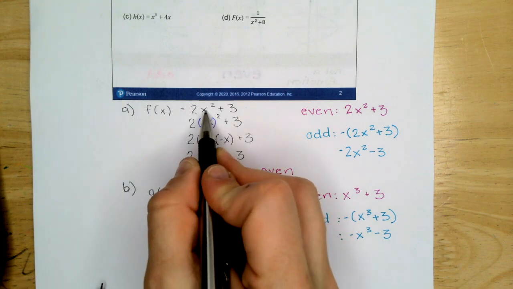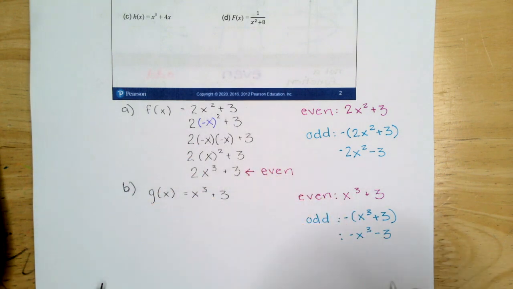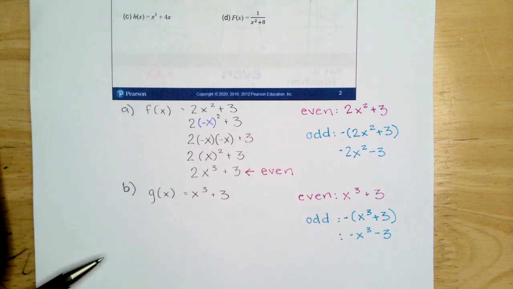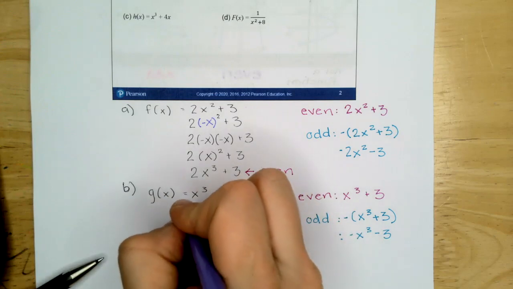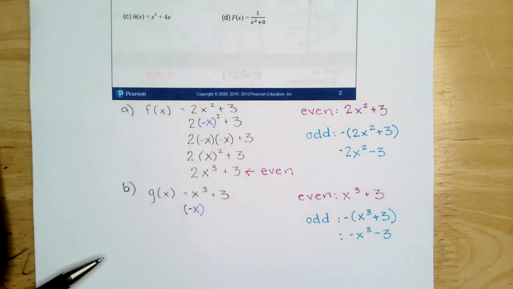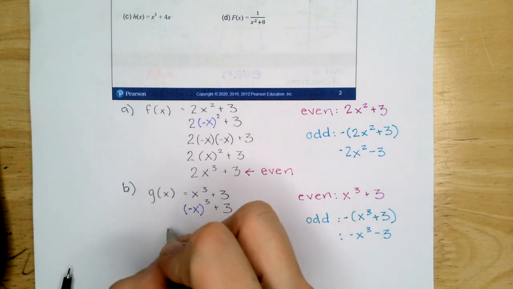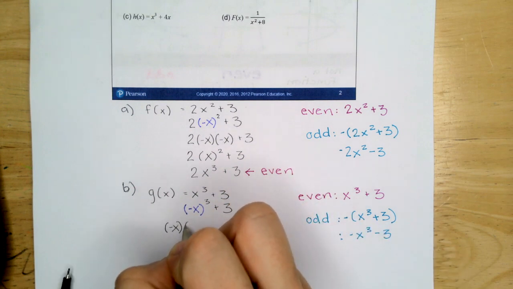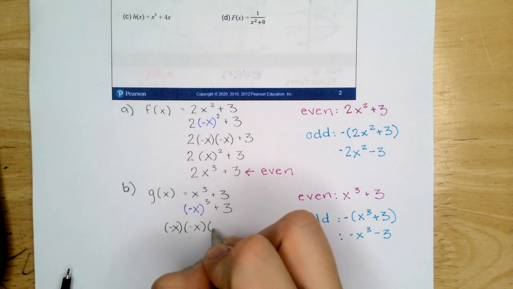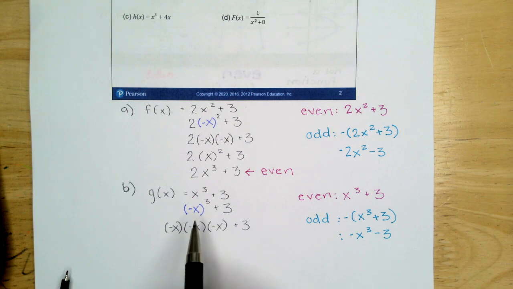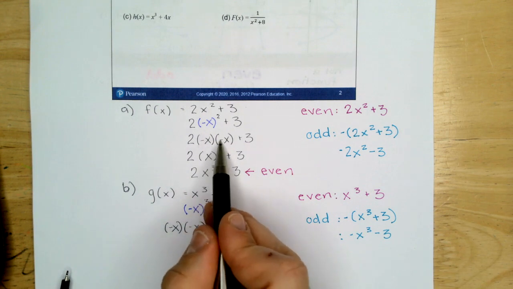Again, all we do is we take our x and turn it into a negative x. So instead of x to the third plus 3, we have negative x to the third plus 3. What does that mean? That means negative x times negative x times negative x plus 3. Negative x times negative x, we know, makes x squared.